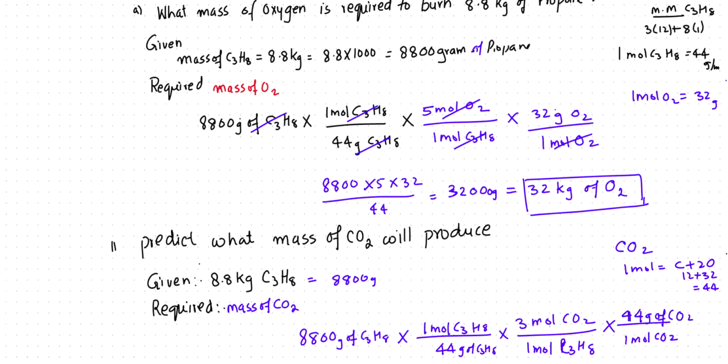So multiply by 1 mole equivalent to what? 44 grams of CO2. Now we cancel the units. Moles of propane cancel with moles of propane. Here grams of propane cancel, moles of propane cancel with moles of propane, and 3 moles of CO2 cancel. So what unit is left? Grams of CO2.